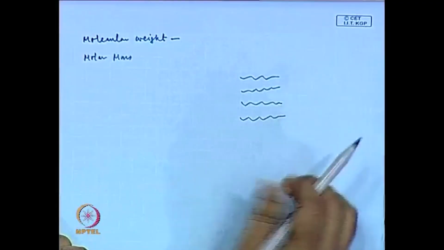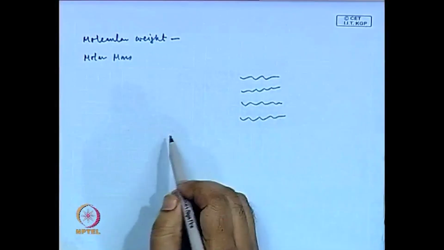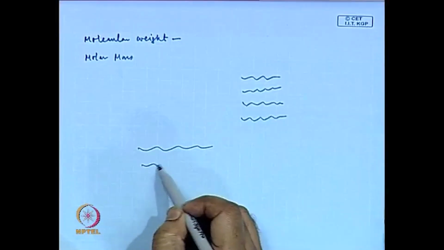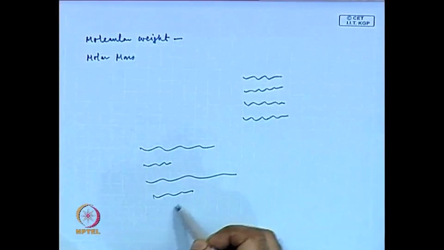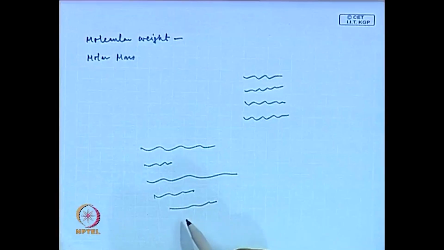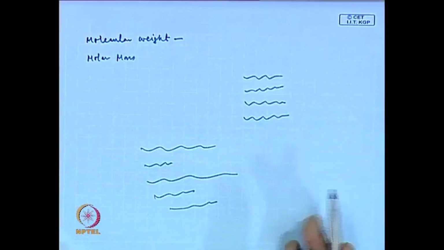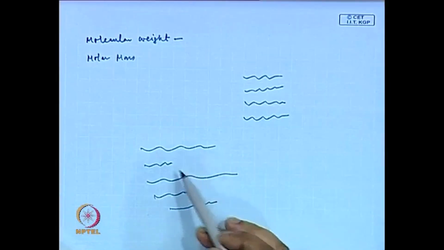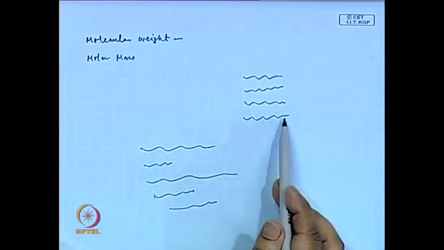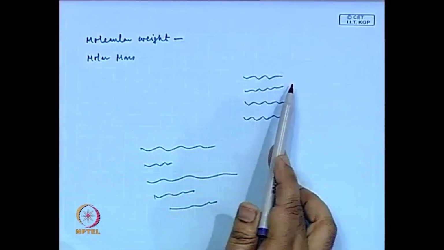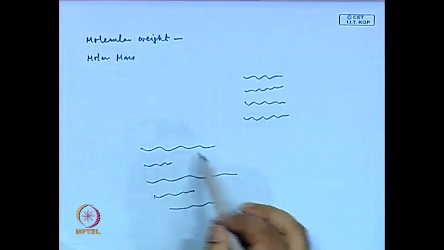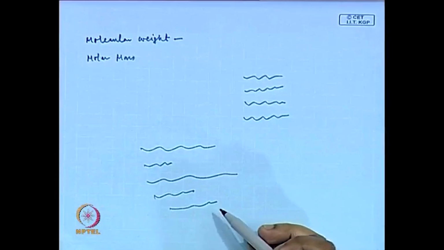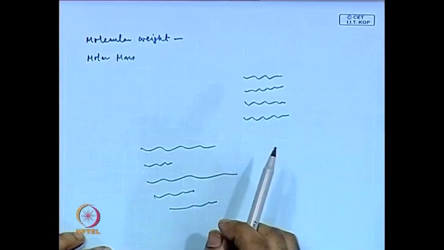You will always have a distribution: big, small, medium. When we see the mechanism of polymerization, we will more appreciate why you cannot have all the polymer chains of the same size or molecular weight; there always has to be a distribution.